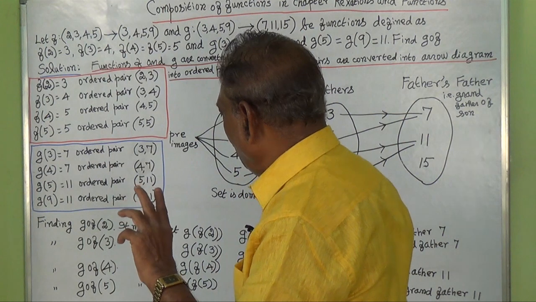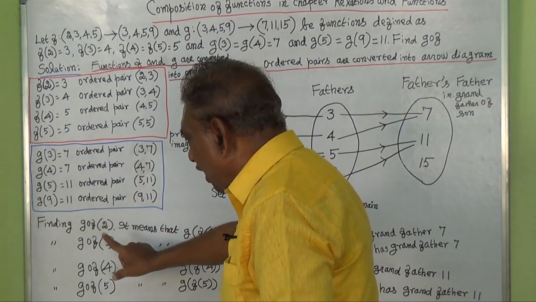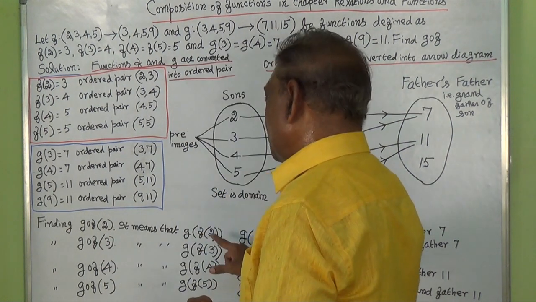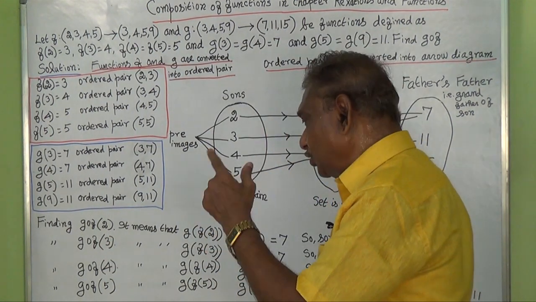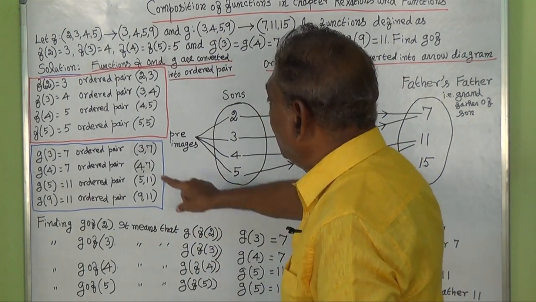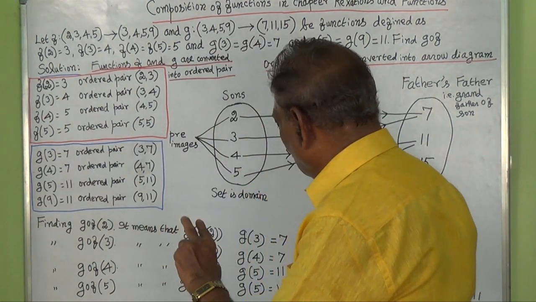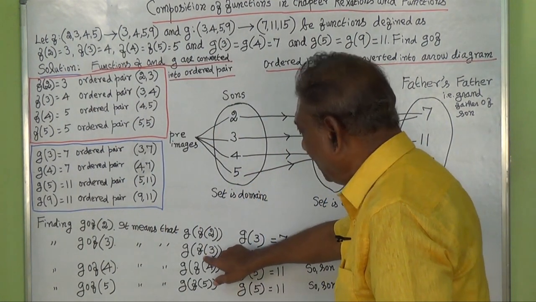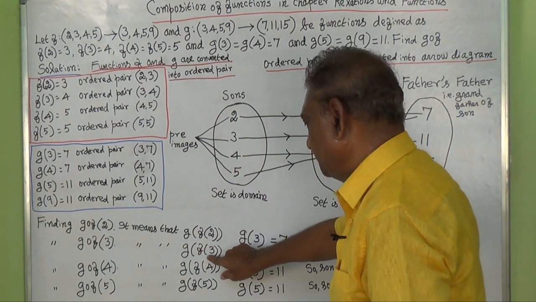Now we are going to write G of F of 3. First of all, we have to find the F of 3, as we have already told. What is F of 3? The F of 3 is given as 4. So can we substitute 4 in the place of F of 3? Yes, we can substitute 4 in the place of F of 3.